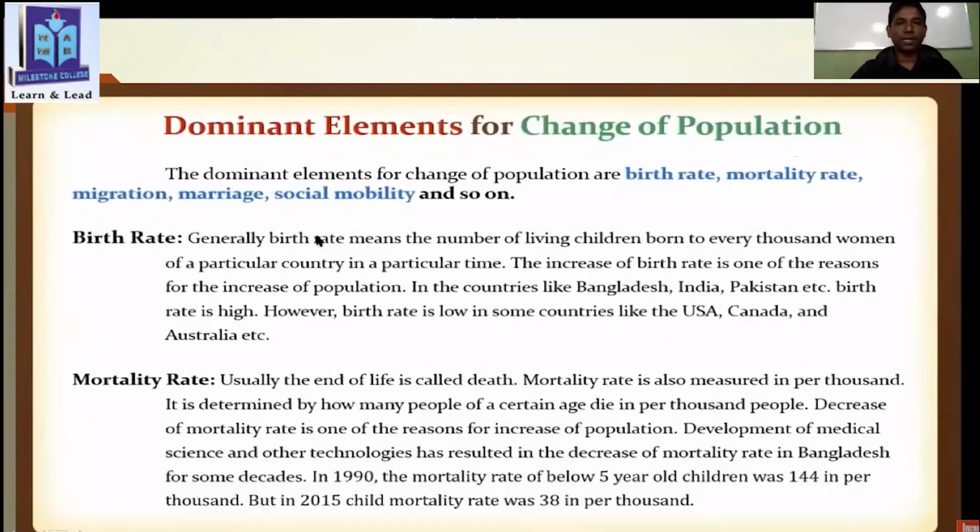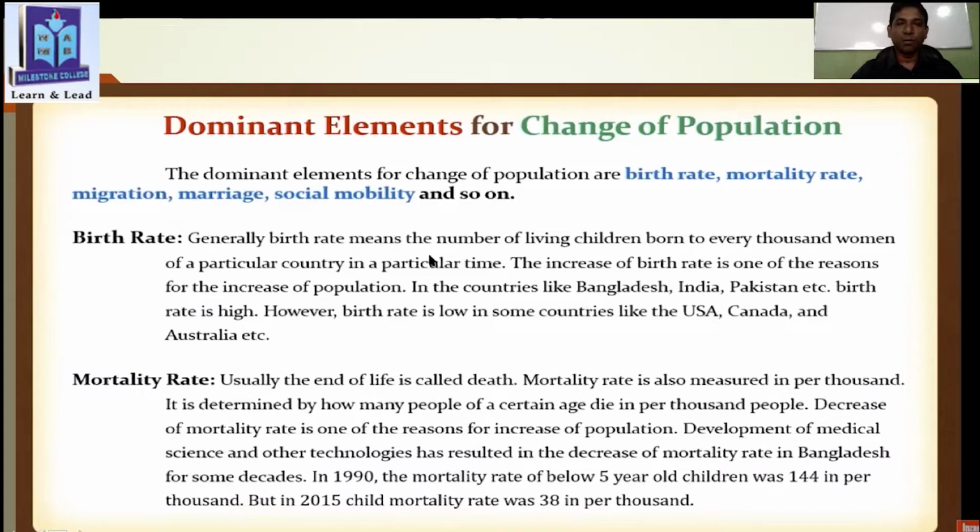Now another page, dominant elements for change of population. So what are the dominant elements for change of population? Here you can see birth rate, mortality rate, migration, marriage, social mobility, and so on. Birth rate is a common thing. Generally, birth rate means the number of living children born to every 1,000 women of a particular country in a particular time.